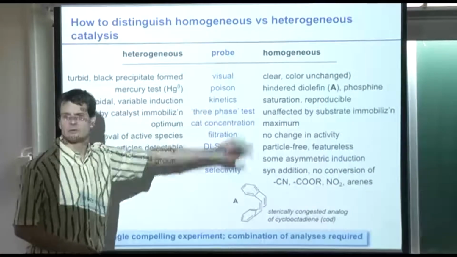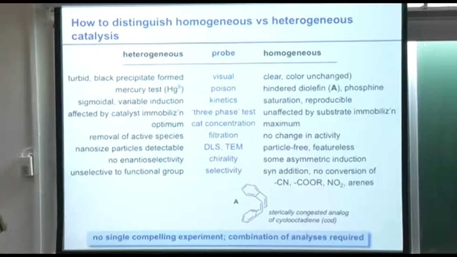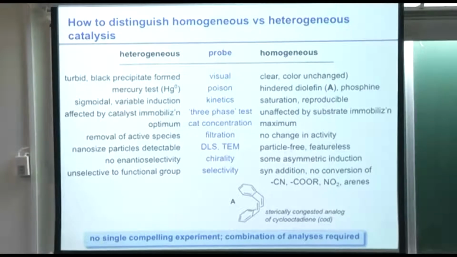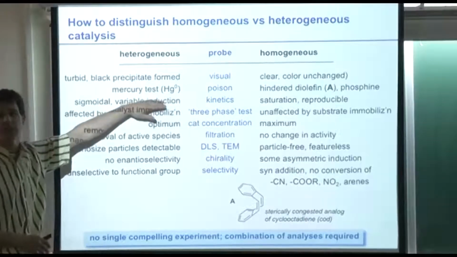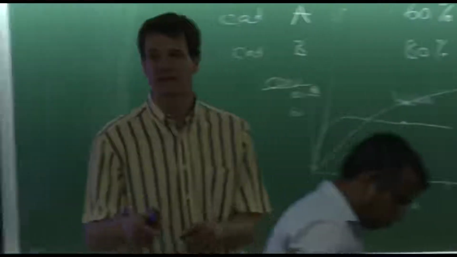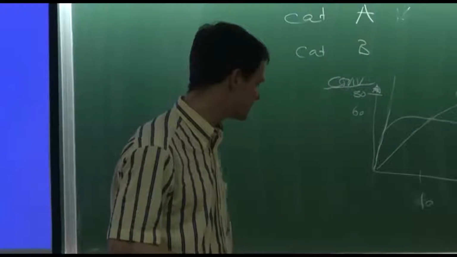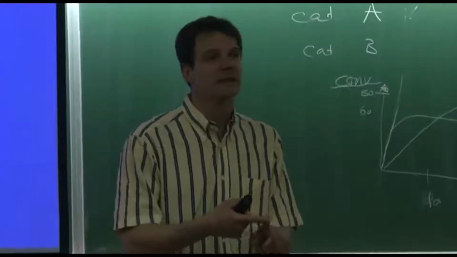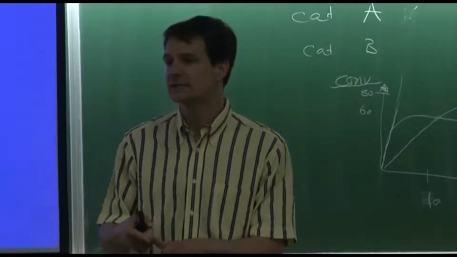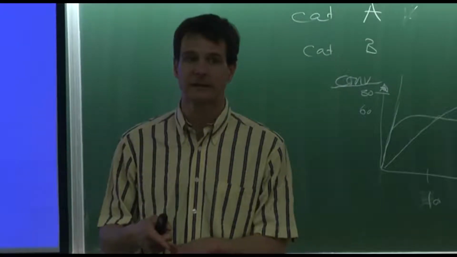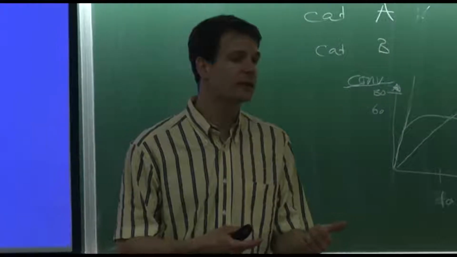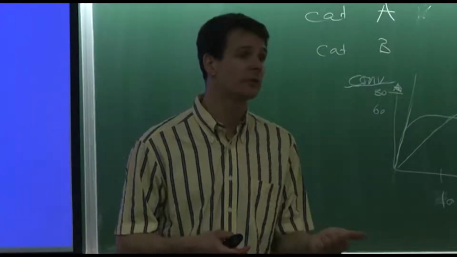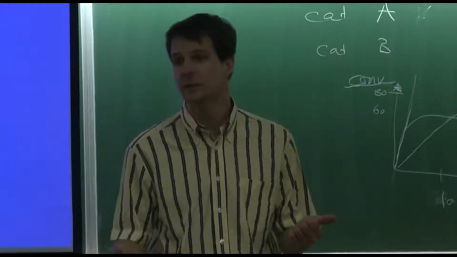Poison. We can poison our catalyst with different additives. A heterogeneous catalyst is typically poisoned by elemental mercury. But that's only working for heterogeneous catalysts that form alloys with mercury.